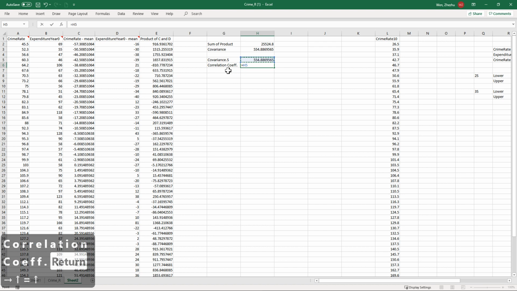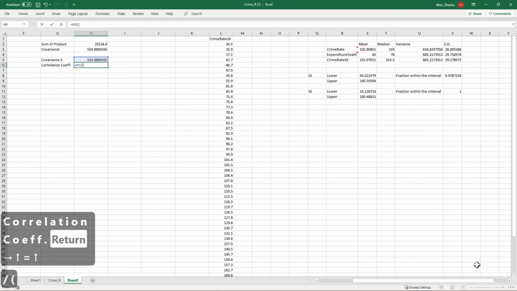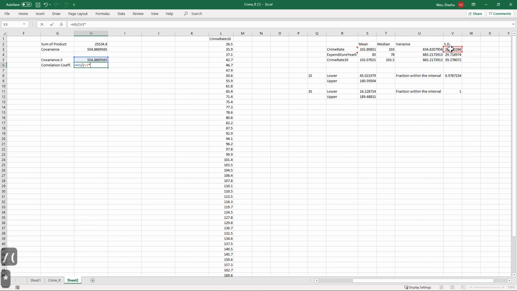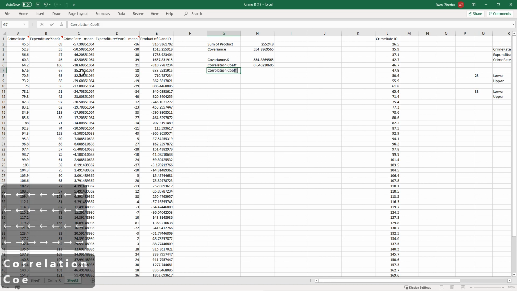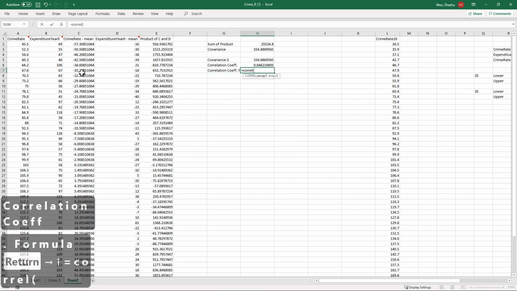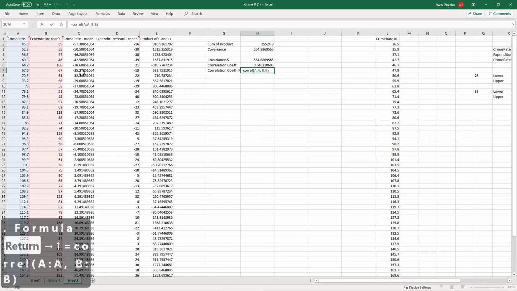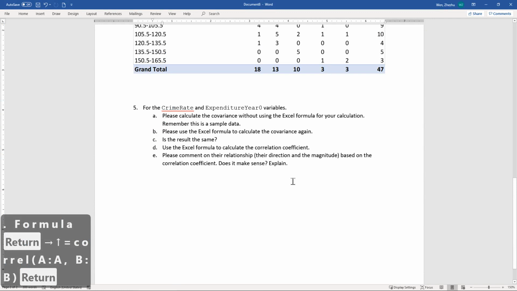Divide by the sample standard deviation of each one of them, multiplied with this value. So this is 0.64. It looks like these are fairly highly correlated. This time I'm doing it using the Excel formula approach: CORREL, A to A, B to B. Boom, exactly the same result. So that will do for your homework.